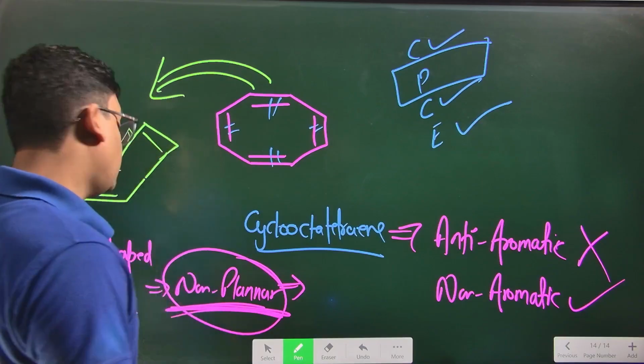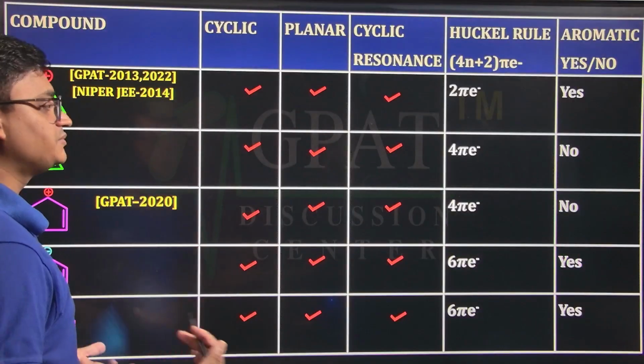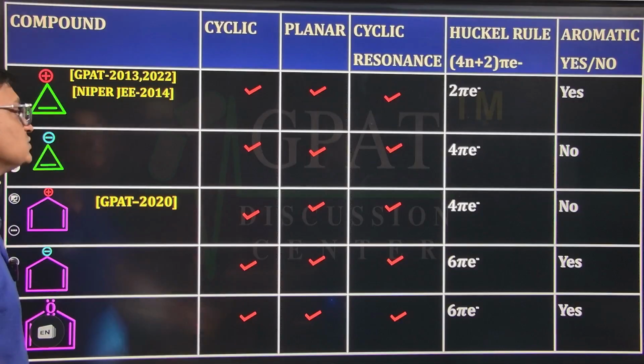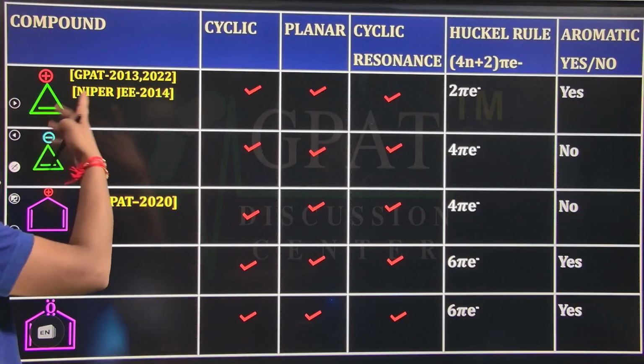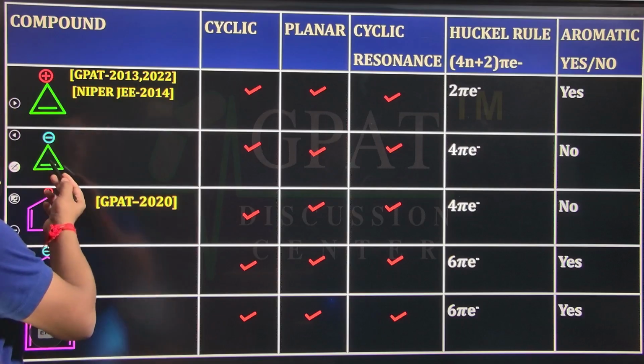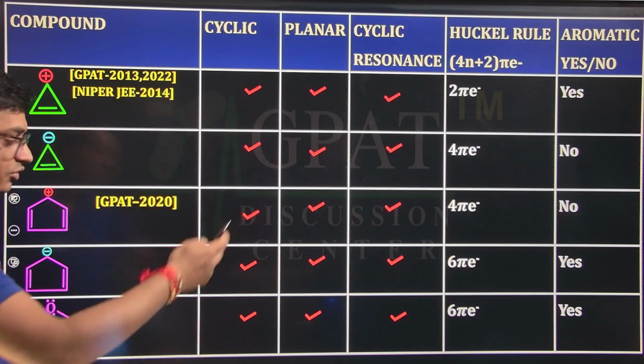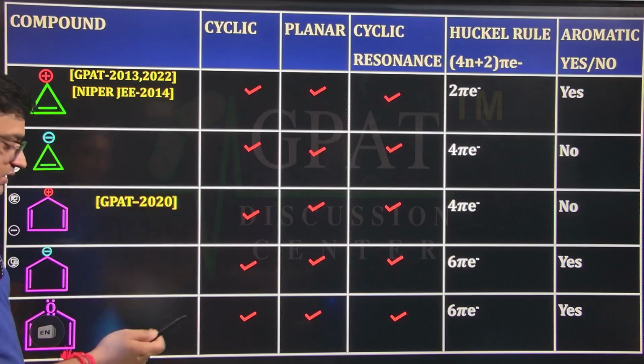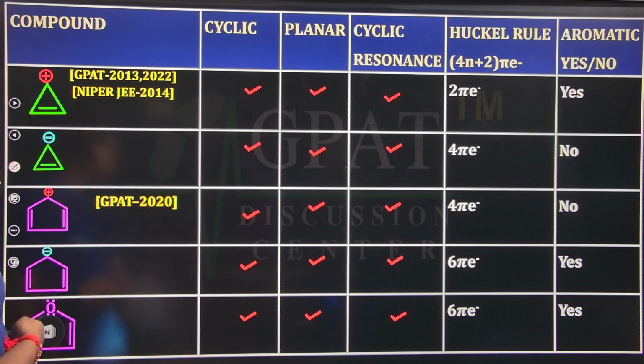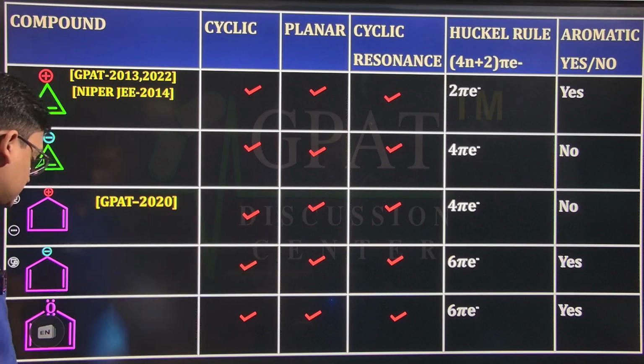So this was the case for cyclooctatetraene, one of the exceptional cases due to tub shape, due to non-planar geometry. Cyclopropenyl cation, one pair, okay, it's an aromatic one. Anion, non-aromatic, my bad, anti-aromatic. Cation, anti-aromatic. Anion, cyclopentadienyl, it will be an aromatic structure.